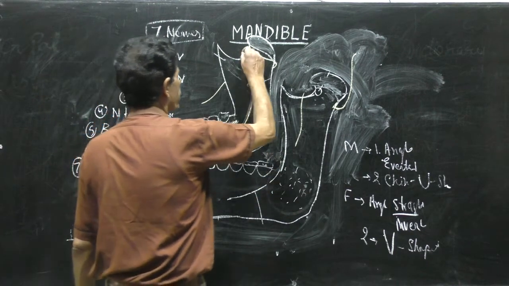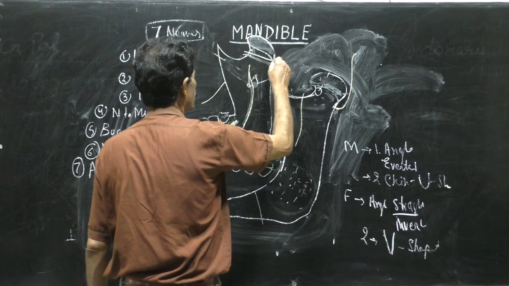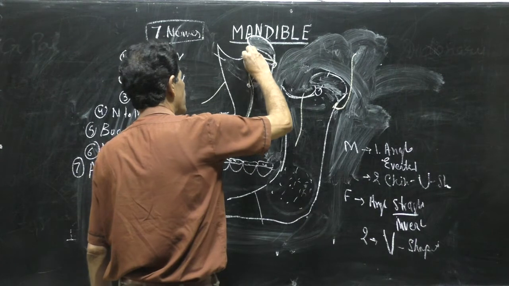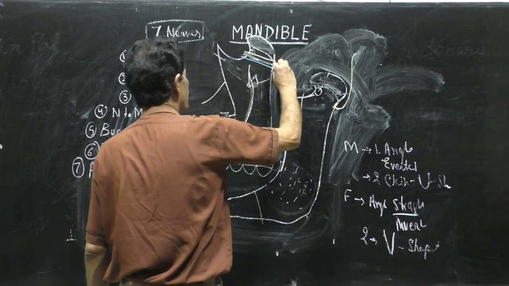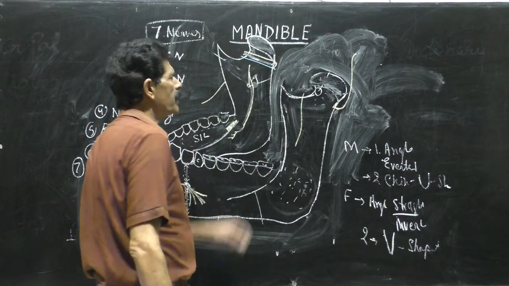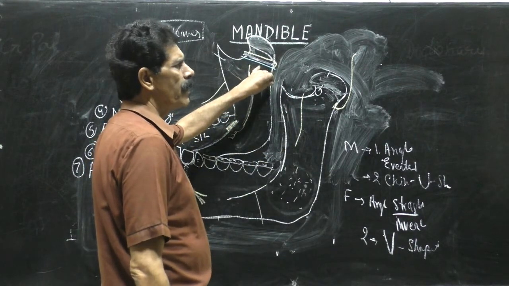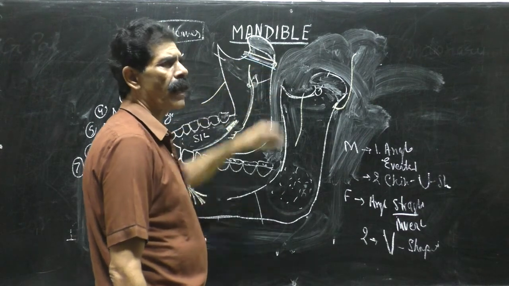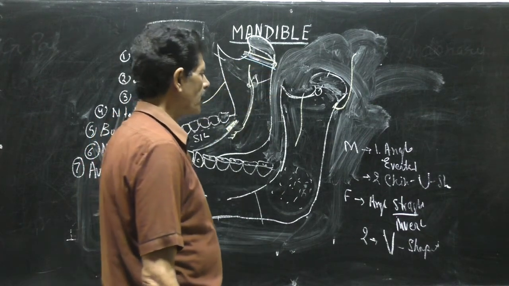One is the maxillary artery and another is the maxillary vein. So the maxillary artery, maxillary vein and auriculotemporal nerve touch the medial surface of the neck of the mandible. So whenever a patient with a fracture of the neck of the mandible comes, these three structures are liable to be cut or injured.